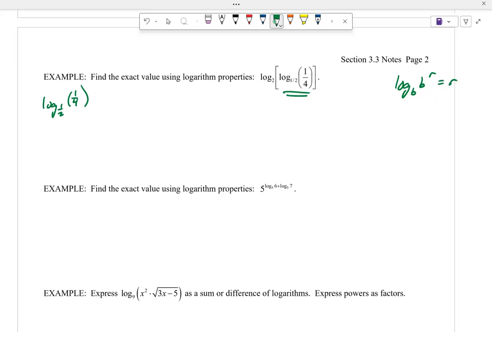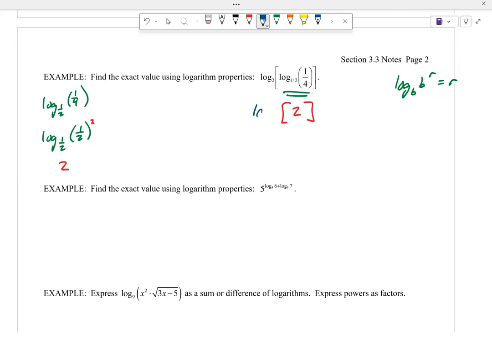So what I want to do is rewrite that 1/4 as 1/2 to the something. Isn't 1/4 1/2 squared? Isn't that 1 squared over 2 squared? Right, that's 1/4. So now notice log base a half of a half to the 2 is just 2.